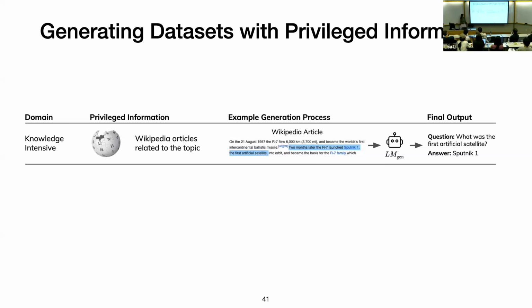This asymmetry of information makes the problem a lot simpler for the question creator model, allowing it to create questions that are more difficult than possible with its base capabilities. For example, to create knowledge-intensive questions on a given topic, we first retrieve relevant Wikipedia articles, and then we prompt the language model to generate QA pairs conditioned on the retrieved articles.